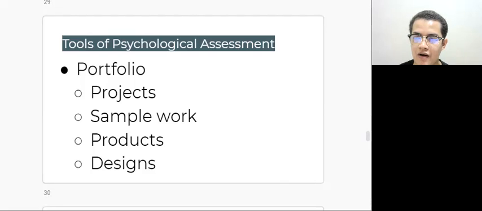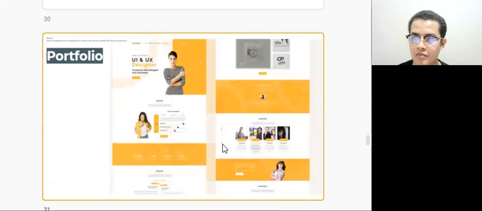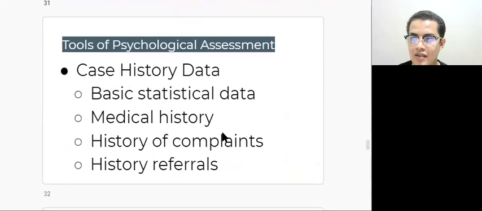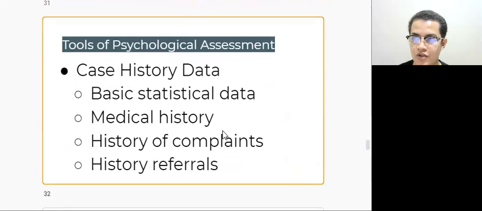Okay. Now, after the portfolio, so this is an example of a portfolio, we can also consider case history data. Now, case history data are most likely apparent in the medical field. In terms of assessment, it is commonly used in medical assessment.